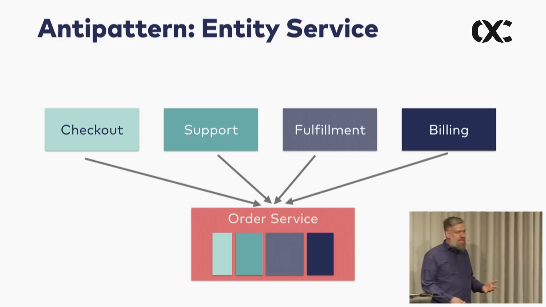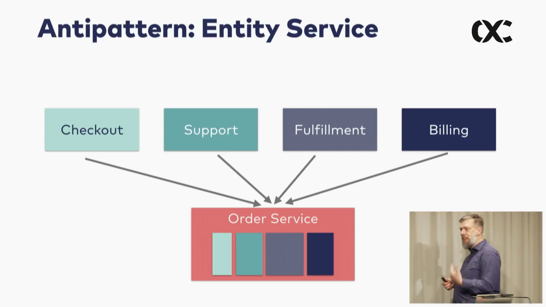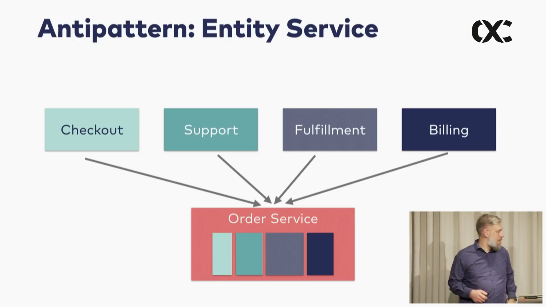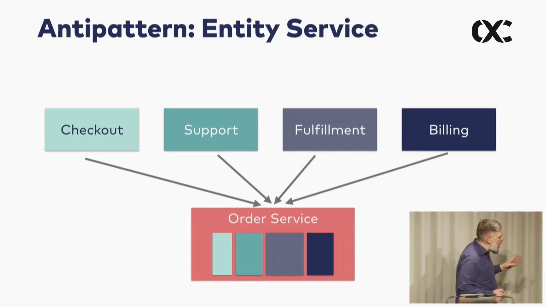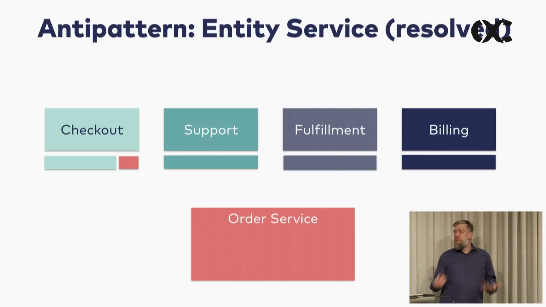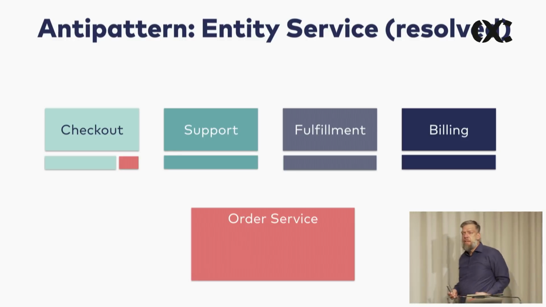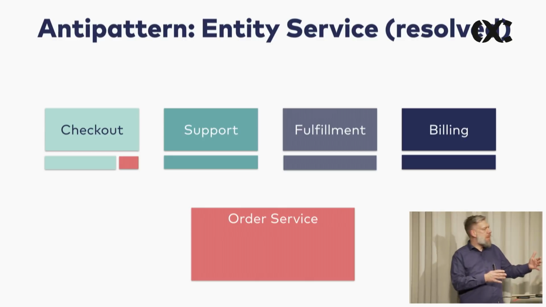So I suggest anytime you see something that smells like an entity service, take a very close look and decide whether it's actually something that you need, right? Because very often you find out that actually all of that stuff belongs into the clients, because they all have their own view on, for example, an order. Well, the fulfillment part of an order is very different from the billing part of an order.